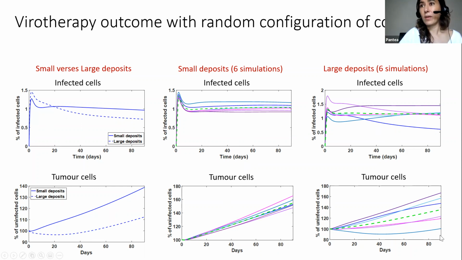Yes, in this case we have a little bit of difference in the tumor size, but overall the dynamics haven't changed. So it seems that at this very, very basic level of exploration, the configuration of the collagen doesn't actually change the response to virotherapy, what the outcome to virotherapy is.